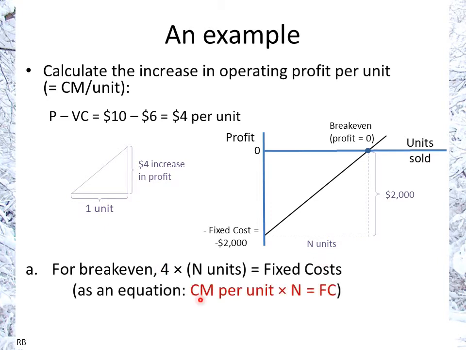As an equation, that'll be contribution margin per unit times n units equals the fixed costs. In this case, 4 times n equals 2,000, which is the amount we need to recover, so n is 500. Again, that makes sense. 500 units times $4 a unit means we're going to earn $2,000 of total contribution margin, and that covers our fixed costs.